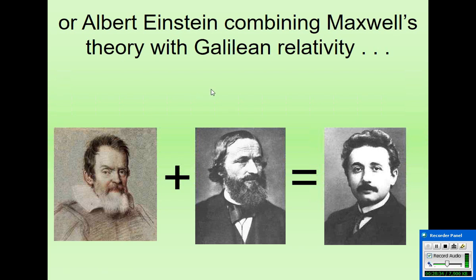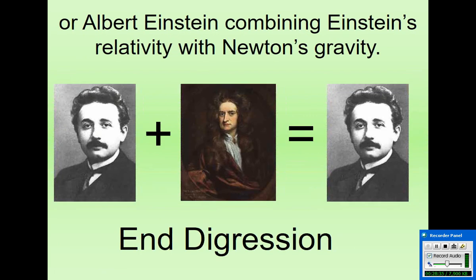And this was Einstein's theory of special relativity. And still later, Einstein took his own theory of special relativity, and he took Isaac Newton's theory of gravity and unified the two into a general theory of relativity, which we still use nowadays.